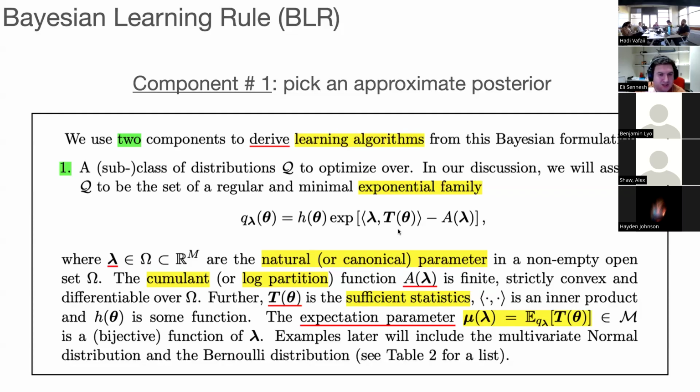For instance, in a Gaussian, if you know the first two moments, that is the mean and the variance of the distribution, then a Gaussian is the maximum entropy distribution with that mean and variance. Eli, do you mean expectation parameter when you say sufficient? Is this what you were referring to? No, not the expectation parameter, the mean of the distribution. Okay.